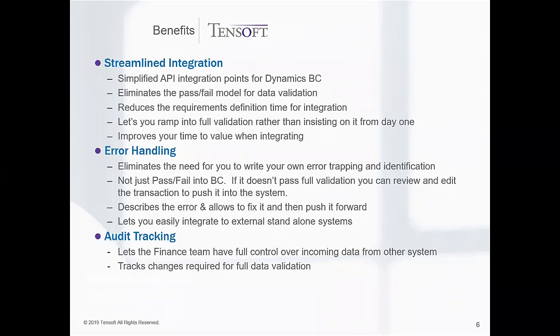We accept the data in a close model instead of a perfect model, and it allows you to then see the error messages without writing them all yourself, and allows you to improve the quality of the integration over time. You can get it done faster and move it in quicker. And then over time, you can see the error messages, give feedback to the external system, and reduce those errors or data issues or data value issues over time.